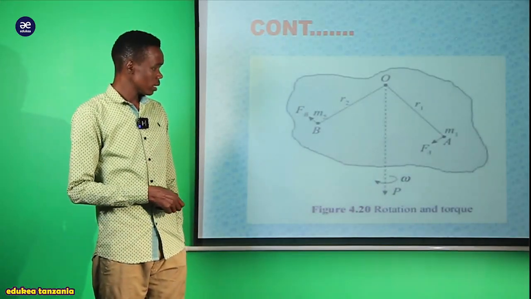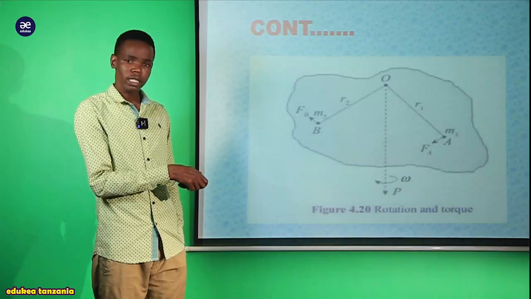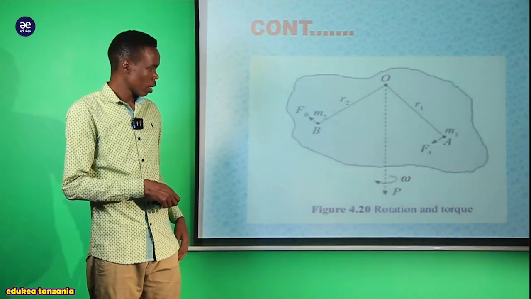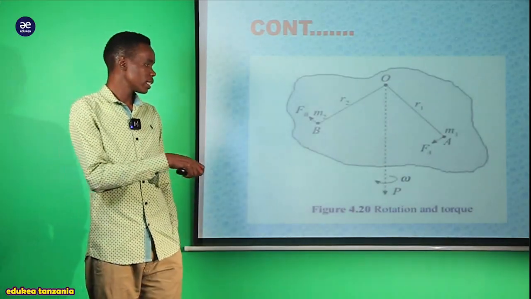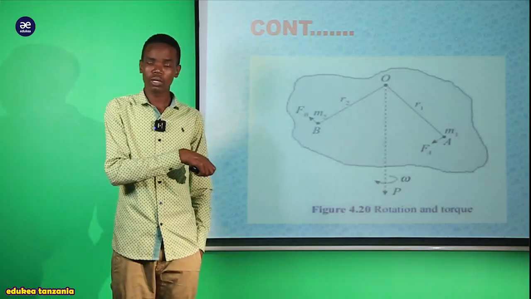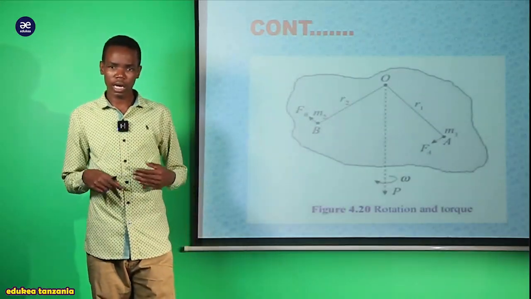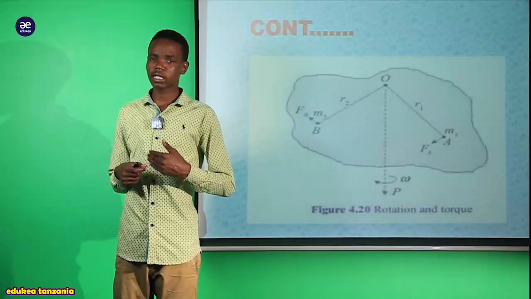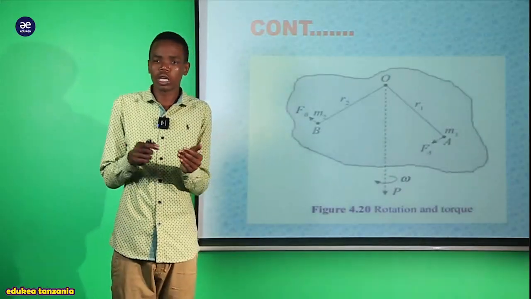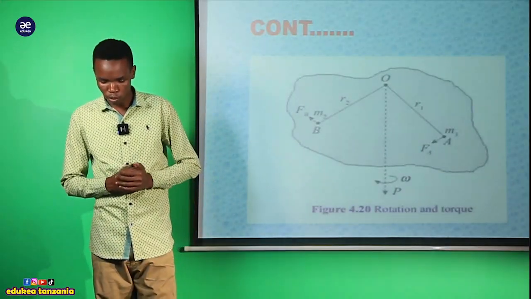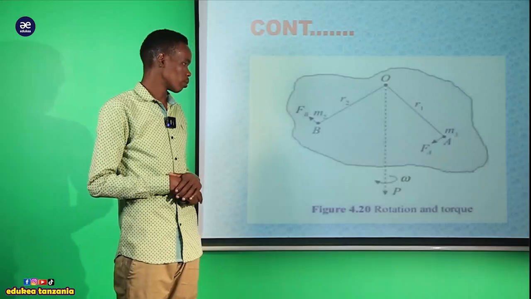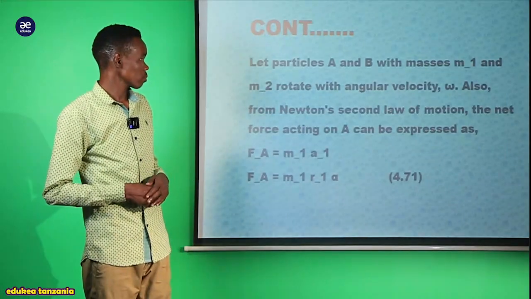So this OP indicates the axis of rotation. We see how this rigid body rotates on its axis, and it gives us the relationship between the rotation and the torque. That is what we try to demonstrate here.